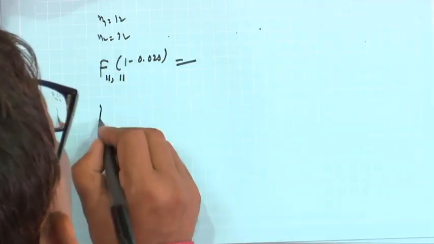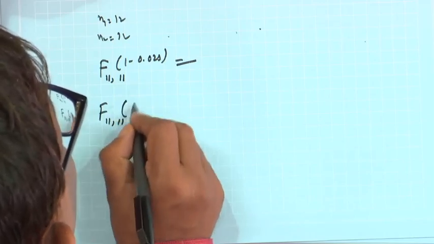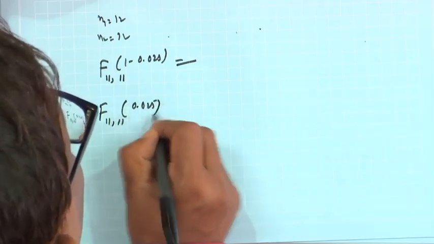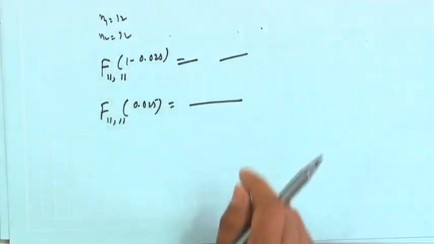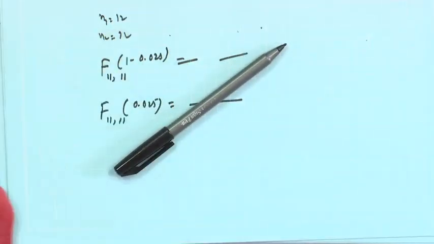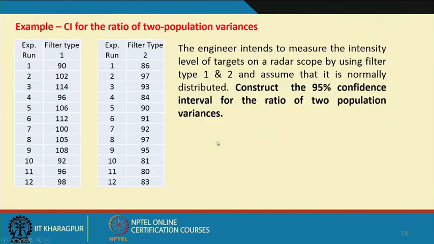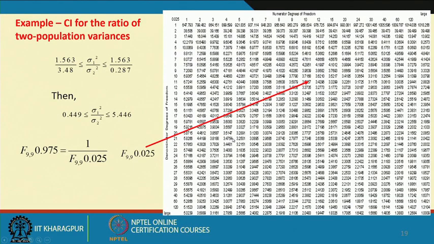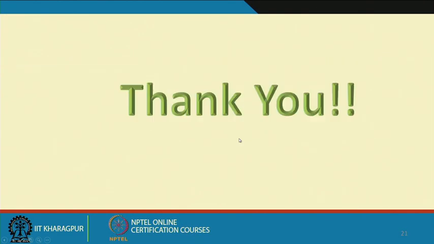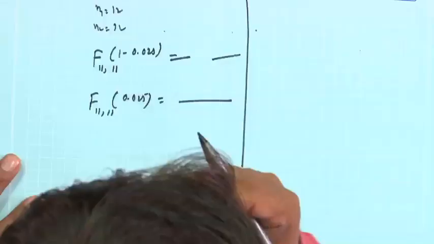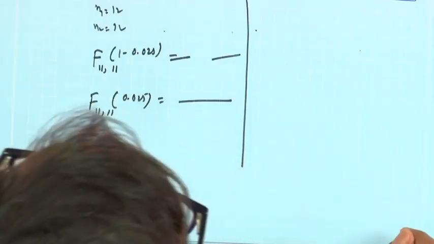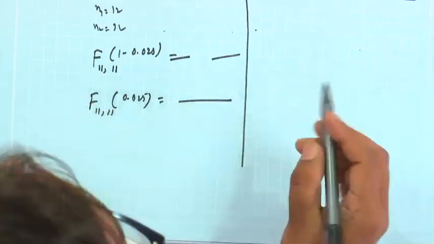You find this value, and you find another one, F 11, 11, 0.025, and put them into these equations and then calculate this one.